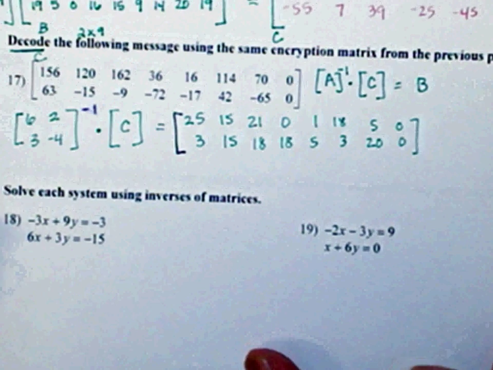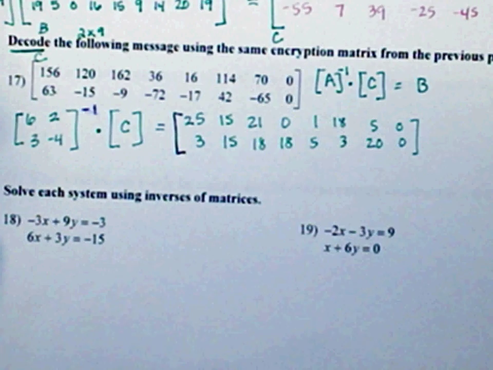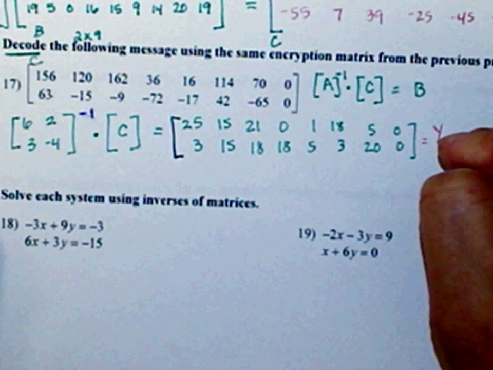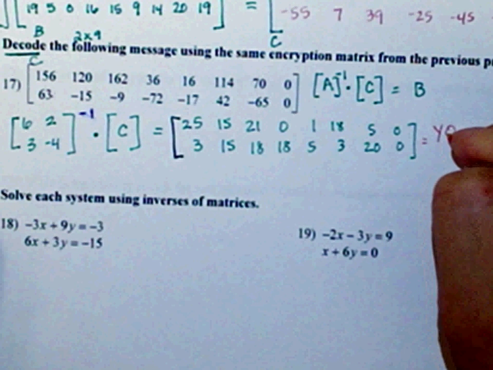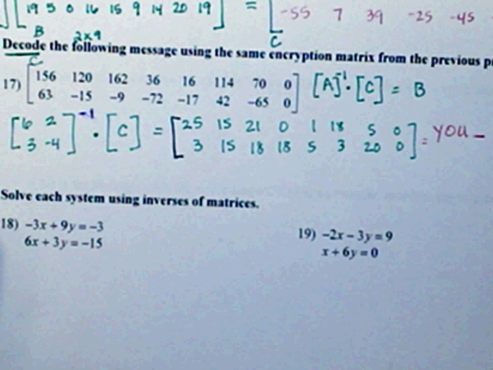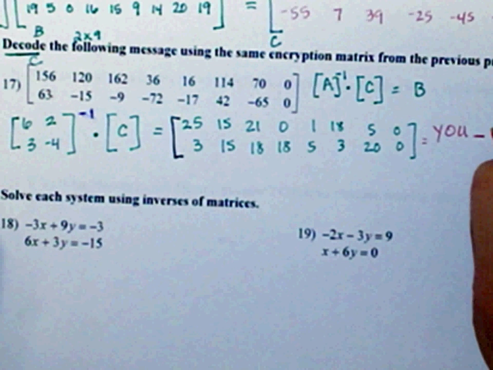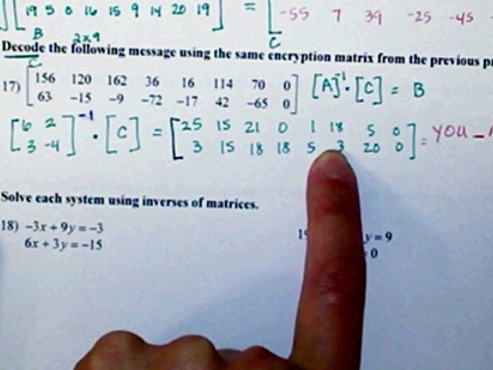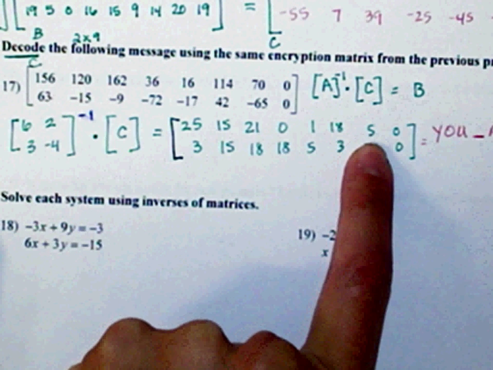25 is what letter? Y. 15 is O. 21 is U. Space. 21 is U. 1 is A. 18 is R. 5 is E. Okay?